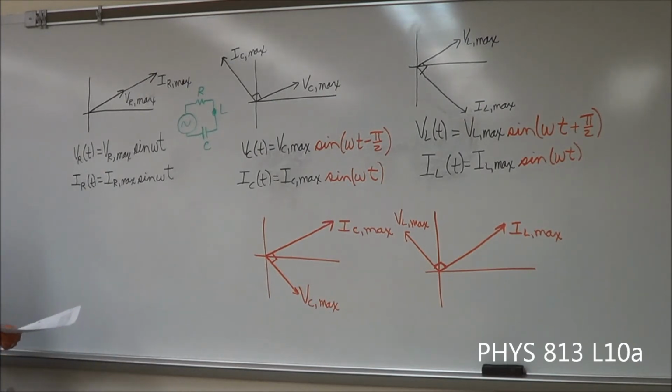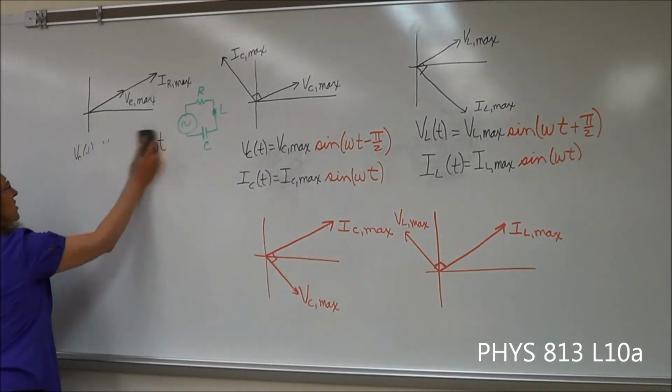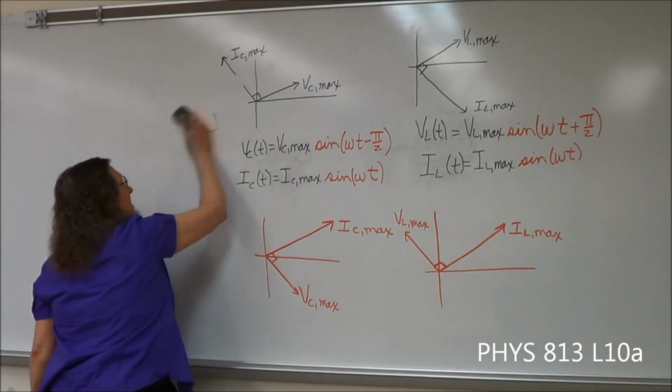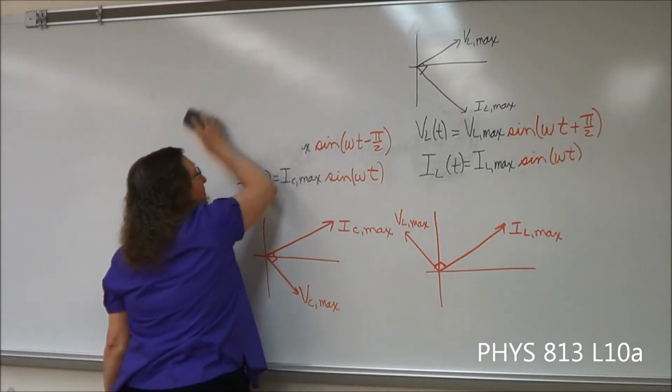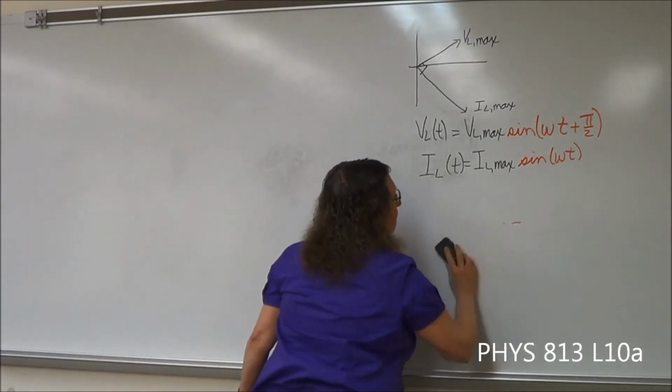So we want to put them together into a single phasor diagram. So I'm going to erase these, and then we're going to look at how we put those together into one phasor. Let me get rid of all of this.